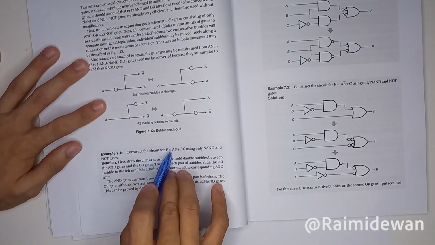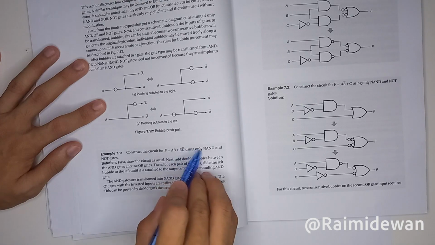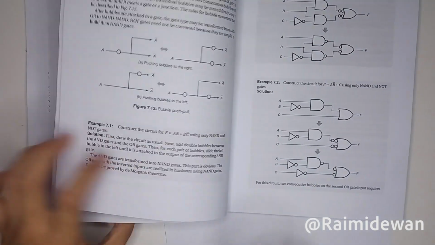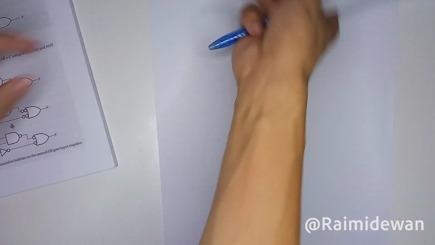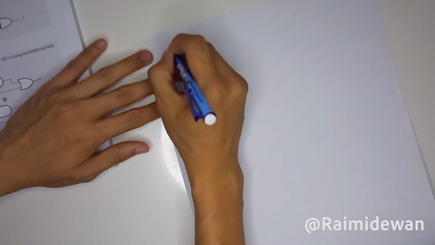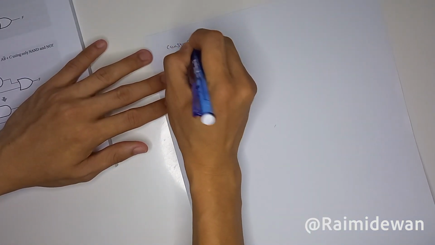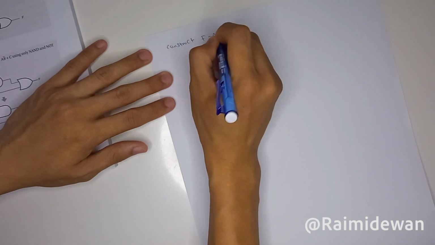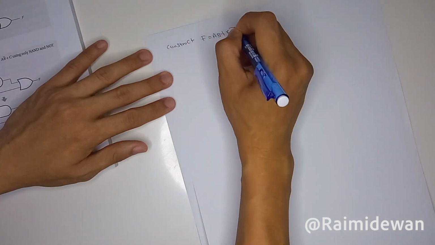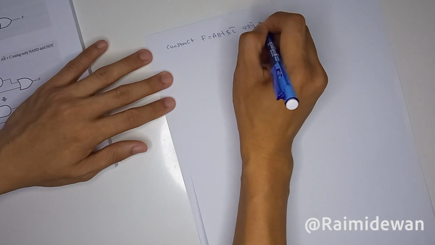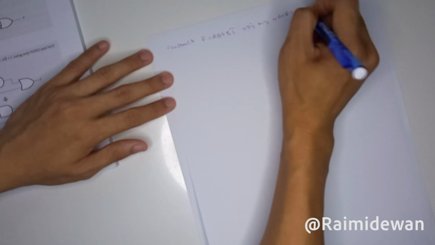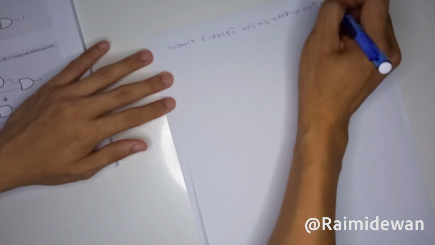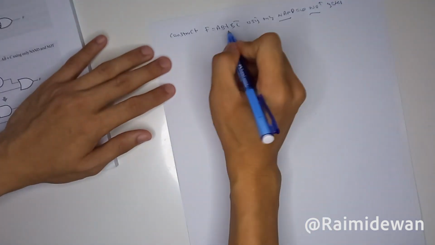Now construct the circuit for F equals AB plus BC bar using only NAND and NOT gates. So this one is simple.